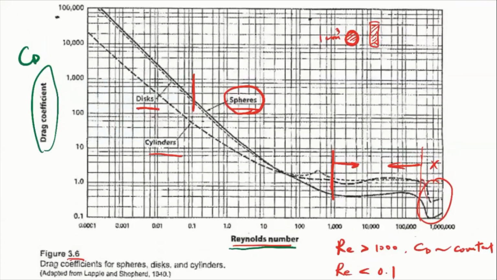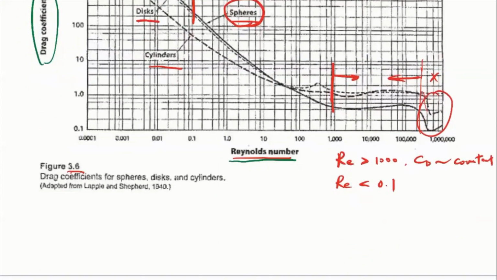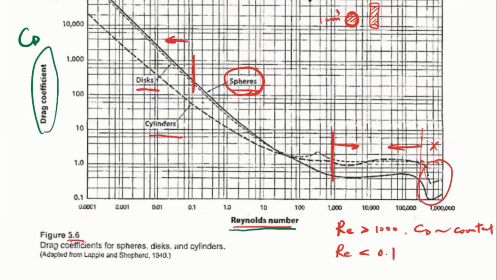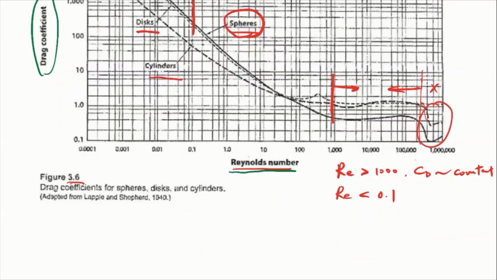you can see a linear relationship between the drag coefficient and the Reynolds number, and this is in log scale. People found that in this regime, where the Reynolds number is below 0.1, C D is equal to 24 divided by the Reynolds number.